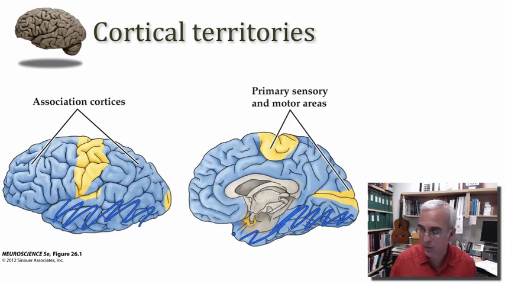Okay, well, I think we're ready to begin our discussions of the temporal associational cortex, focusing on one particular domain of function at a time. And so what I'd like to turn our attention to now really is the associational cortex that we find on the inferior surface of the brain.